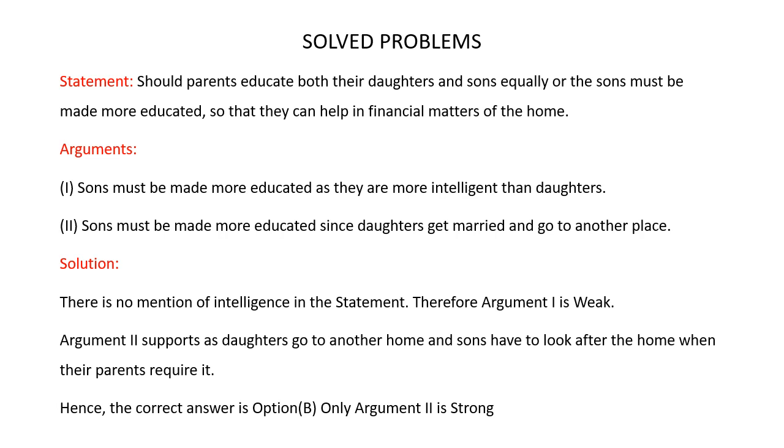So they must be made more educated, which is the idea given in the statement that the sons must be made more educated so that they can help in financial matters of the home. So the second argument is strong. The correct answer is option B. Only argument 2 is strong.